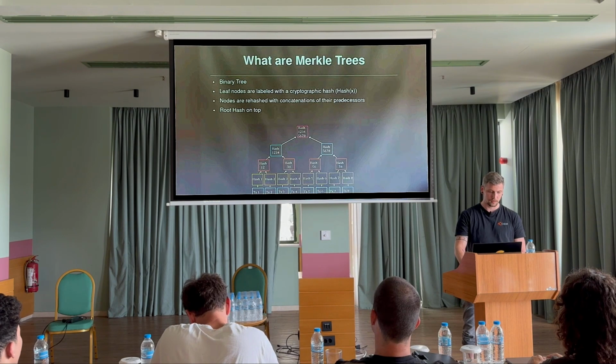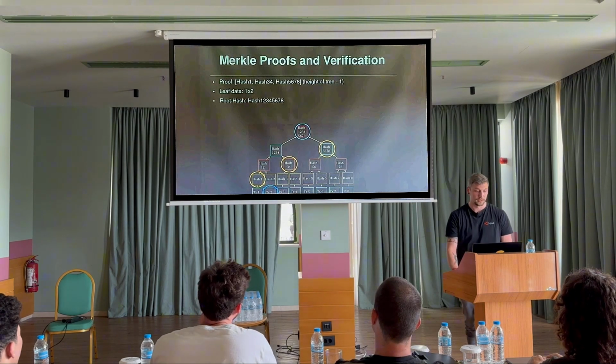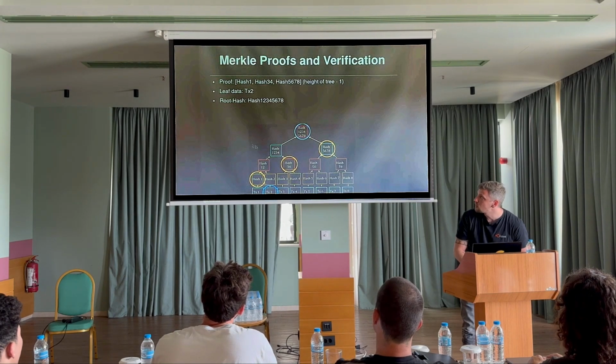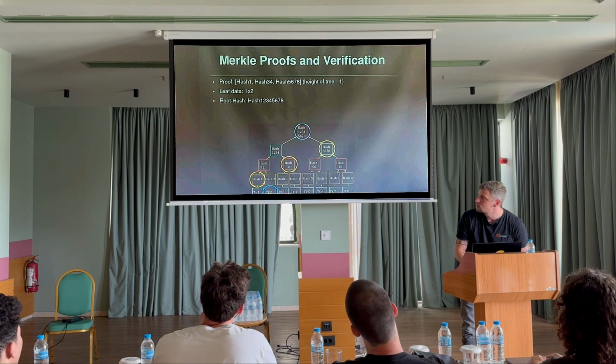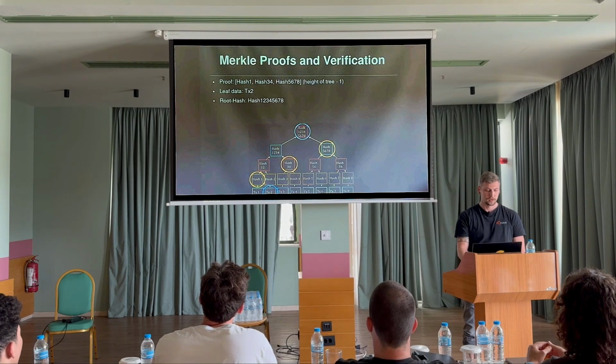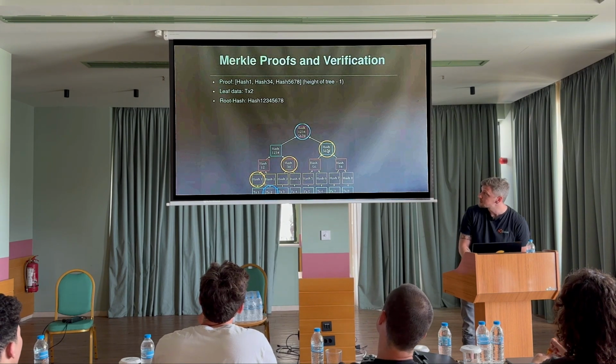From here, to verify whether some piece of data is part of the tree, you can do the following. For example, at the bottom, we want to test whether transaction 2 is part of our data set. To end up at the root hash, we need hash 1, hash 34, and hash 5, 6, 7, 8.